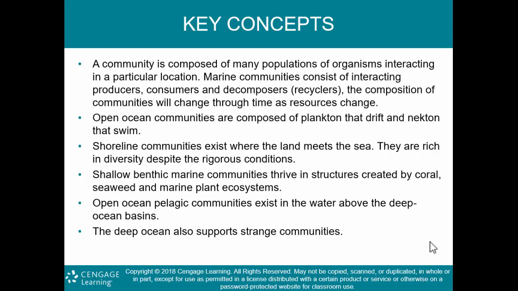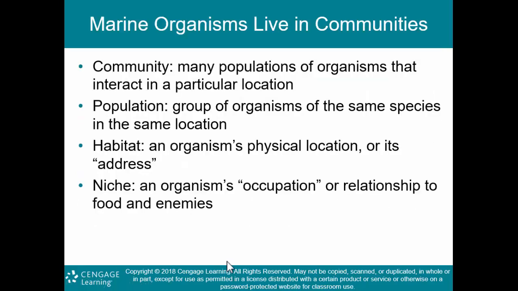So we're talking about shallow water coral communities, also maybe kelp beds like seaweed, and other marine plant ecosystems. And then open ocean pelagic, so you've got your benthic and your pelagic. The pelagic communities exist in the water above the deep ocean basin, in that sunlit zone. And the deep ocean, way down there, does support some kind of strange communities. So we're going to take a look at least to some detail in all of these and get an idea of these different types of communities.